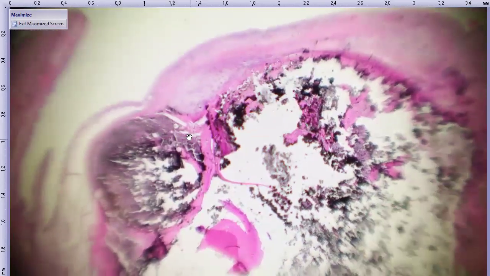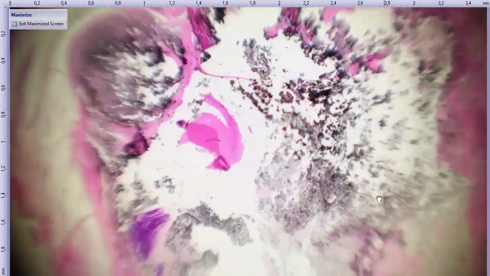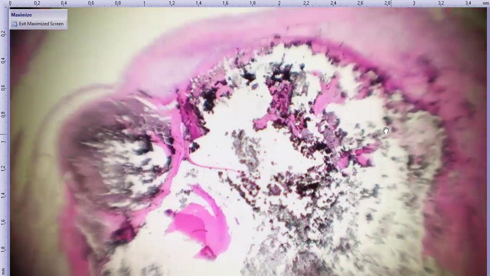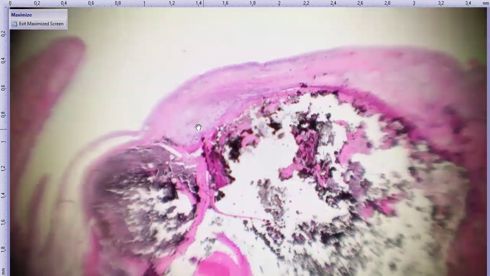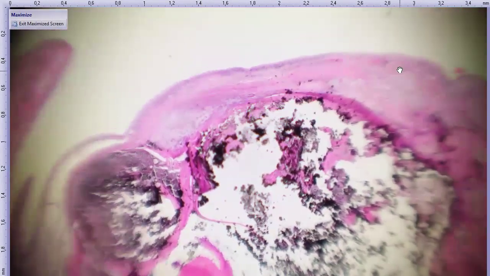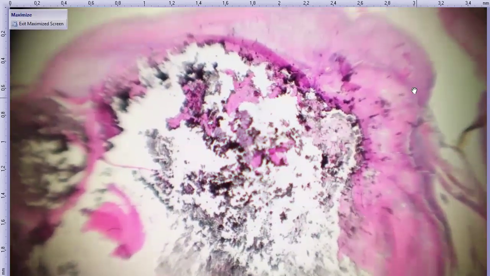So there are two main patterns here. There's this large pigmented portion of the lesion, and there's this less pigmented change that we're seeing more superficial. Let's take a peek and see what's going on here.